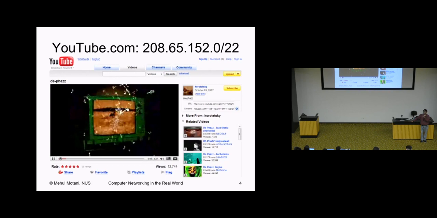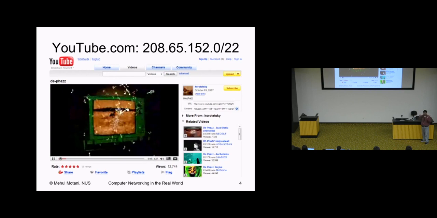The first 22 bits are the subnet ID, not the host ID. They're the subnet part. Like country code comes into play and so on, but it's just the first 22 bits that represent the subnet. That's what this means. So the first 22 bits, 208.65, that's 16, plus 6 more bits out of 152. Those 22 bits are the subnet ID for YouTube.